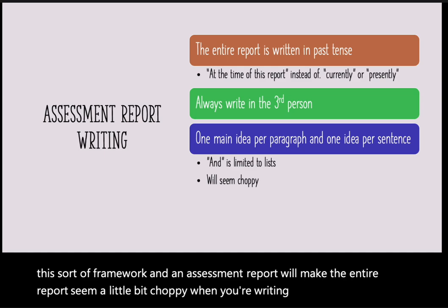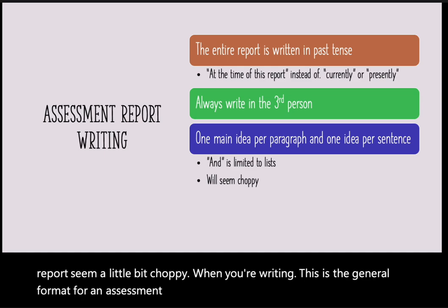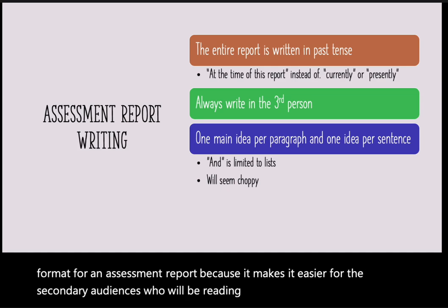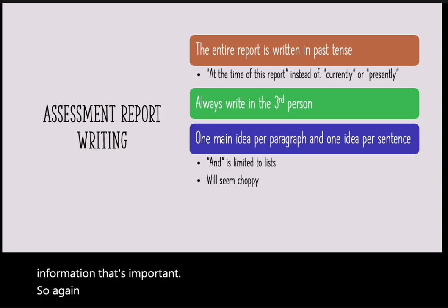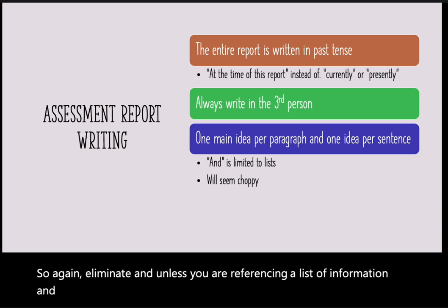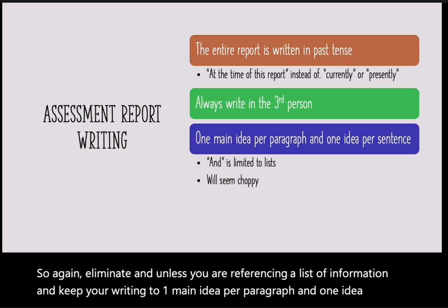This is the general format for an assessment report because it makes it easier for the secondary audiences who will be reading the report to look for the information that's important. So again, eliminate "and" unless you are referencing a list of information, and keep your writing to one main idea per paragraph and one idea per sentence.